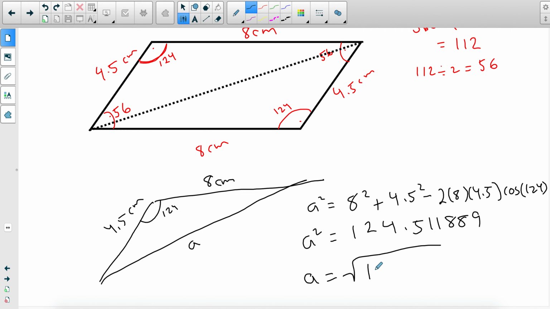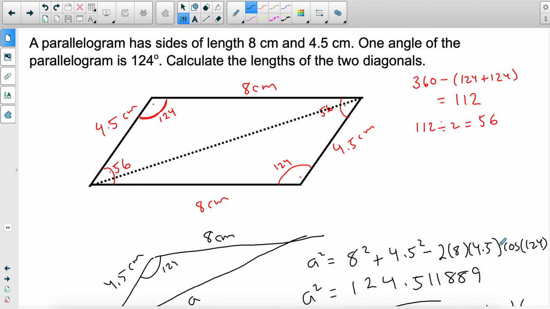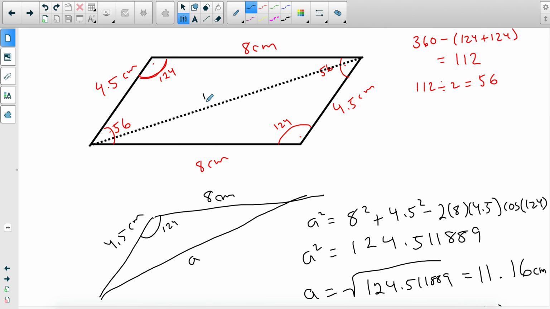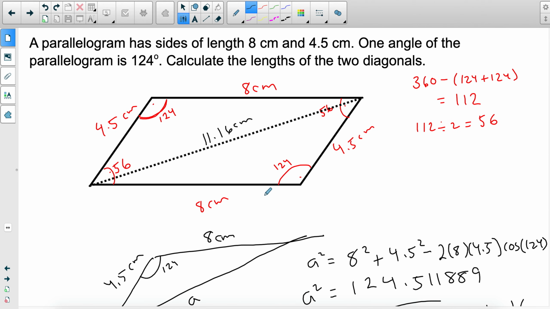So square root of the answer will give you 11.16. The units are centimeters, and that is to 2 decimal places. So we found this length as 11.16. And so the same exact method would be used for the other diagonal, but instead of taking 124, you take 56. So do practice this, and I'm going to reveal the answer.